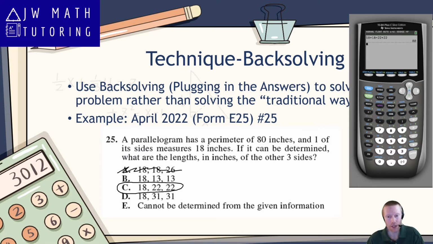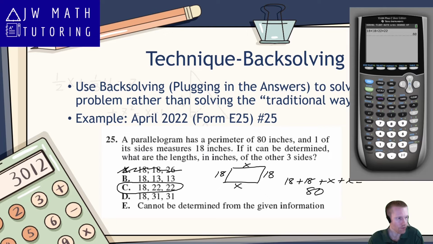Even if you started with B and that didn't work and then went to C, it still wouldn't take very much time. And it should take you less time than sketching out a picture, labeling 18, 18, X and X, and then setting up an equation, 18 plus X equals 80, and going through and solving that equation to see what the value of X is.